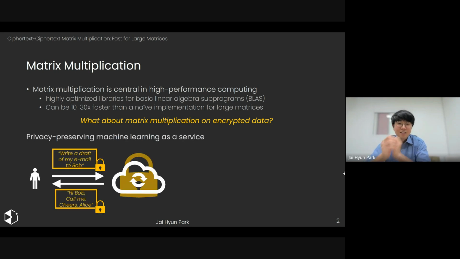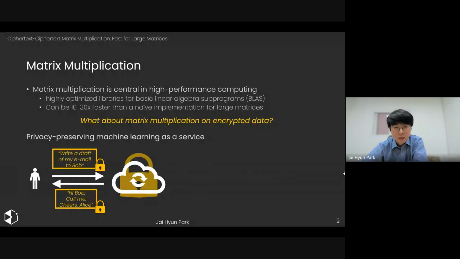As many of you might be familiar, one of the killer applications of homomorphic encryption is privacy-preserving machine learning as a service. In that scenario, the client encrypts their private data and sends it to the untrusted server, and the server computes the machine learning tasks on the encrypted data and returns the encrypted result to the client.